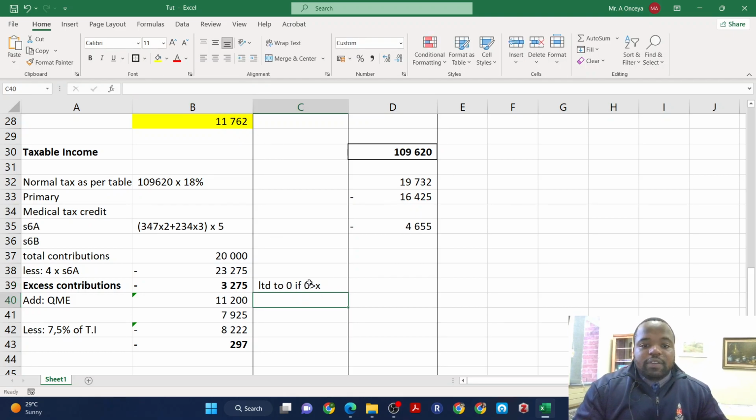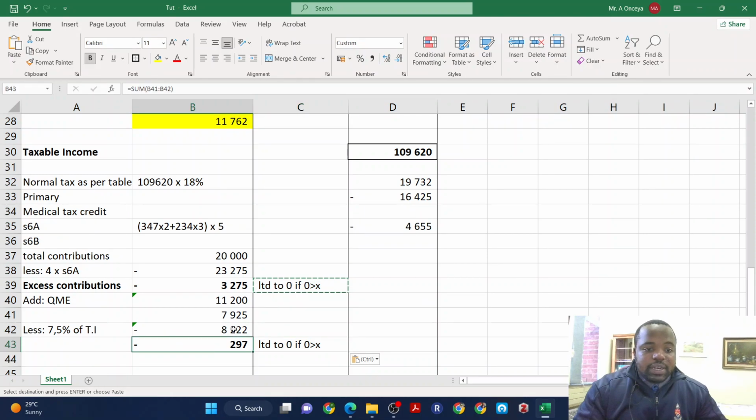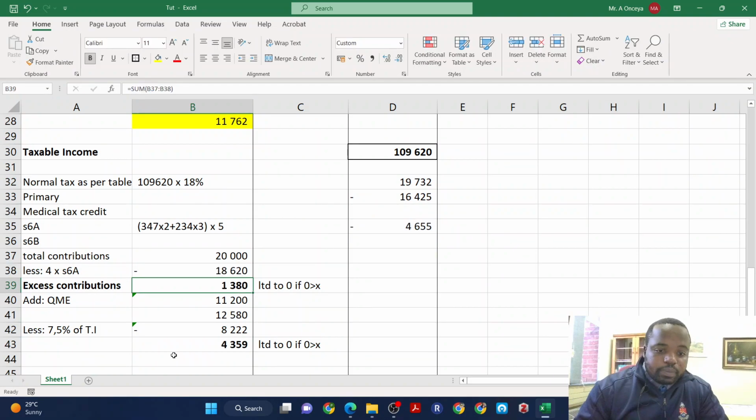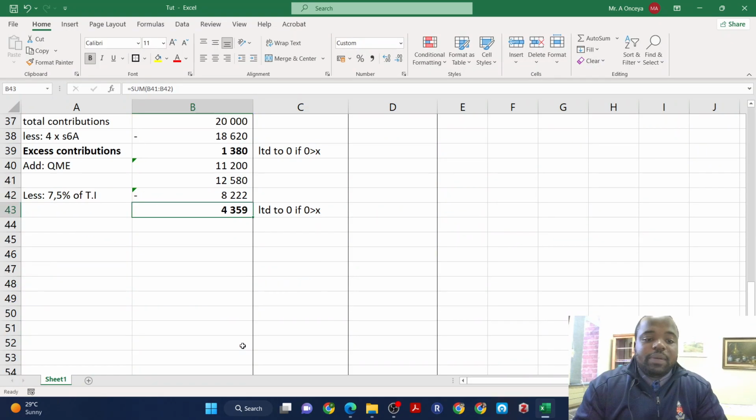Limit to 0 if the answer is less than 0. Same thing applies here. Limit to 0 if the answer is less than 0. But in this case, with a positive number, we don't need to limit to 0.